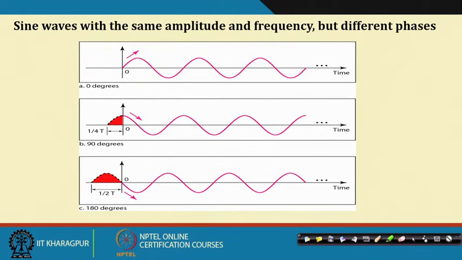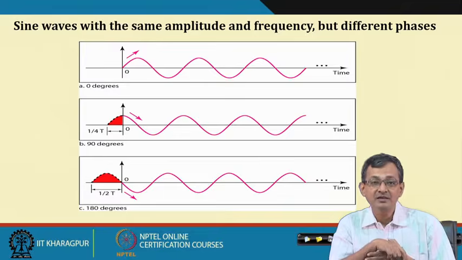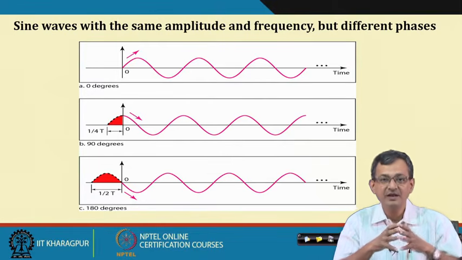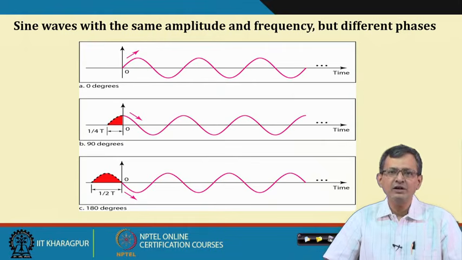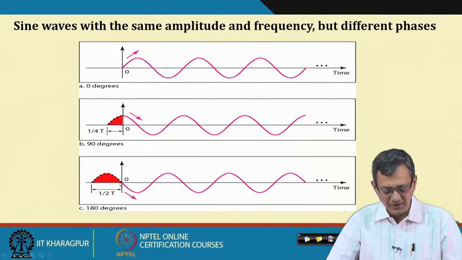Now, one interesting thing you see from here. If I add these 3 sine waves in some way to make a composite wave, right. I have 3 waves, I have an adder which adds. What does add mean? At any point of time you see what the signal strength is, here 0, here say plus 5 or plus 10, here it is also 0.